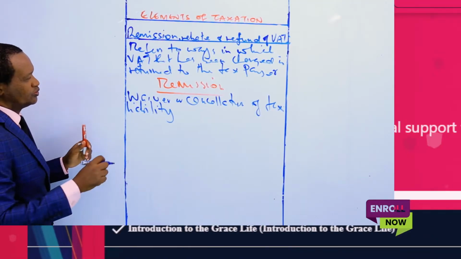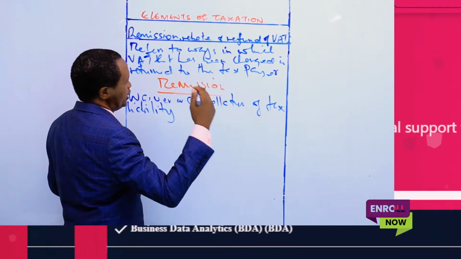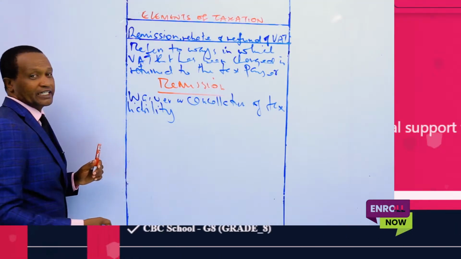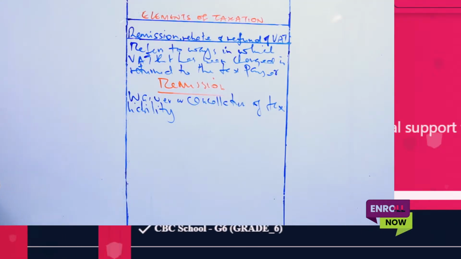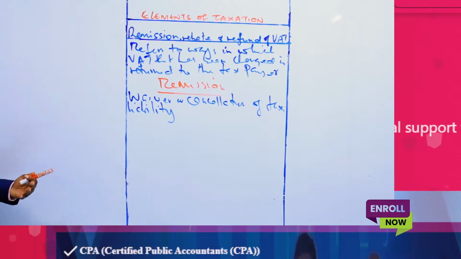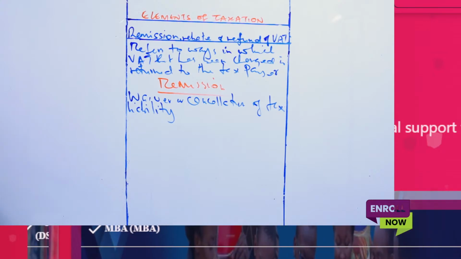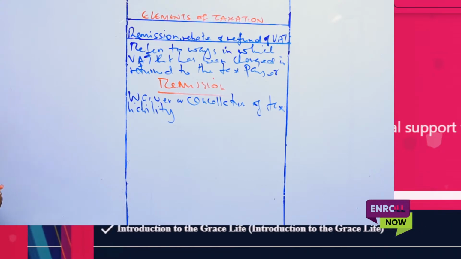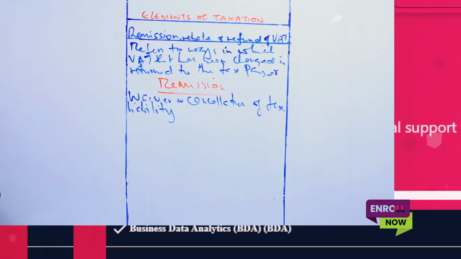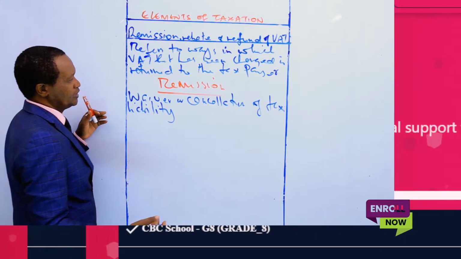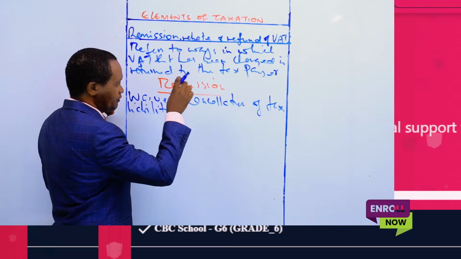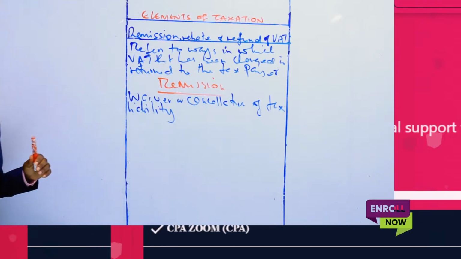Remission refers to waiver or cancellation of a tax liability that would otherwise be due, or it may refer to the waiver of VAT on certain imports or supplies from the outset, and is often granted before the tax is actually paid.